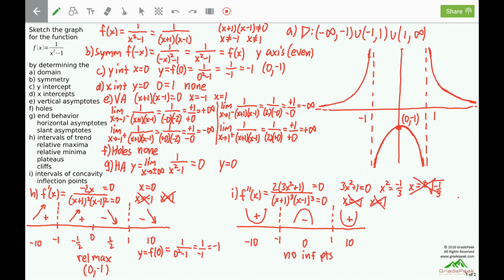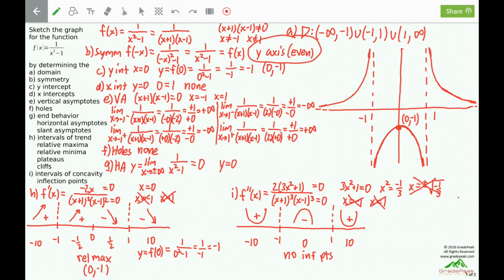So we have the domain is all real numbers except -1 and +1. They are vertical asymptotes. And this is displaying the y-axis or even symmetry because the graph is its own mirror image over the y-axis. If we take this portion and flip it over the y-axis, or think of it as a mirror image, it overlaps itself to the left side of the y-axis.